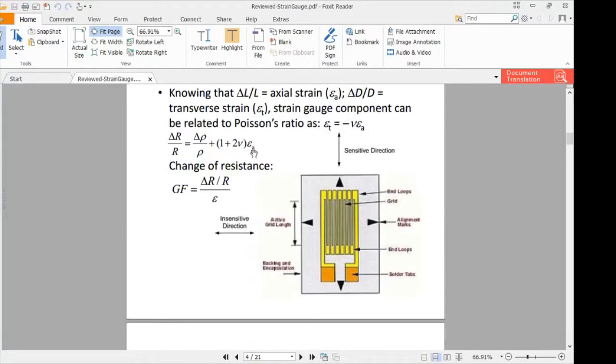Another very important equation that defines the characteristics of a strain gauge is the gauge factor. The gauge factor is equal to delta R divided by R, divided by the strain.